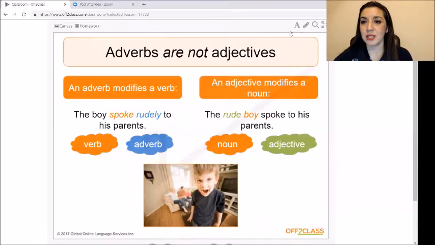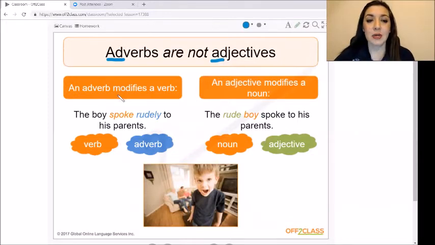Adverbs are not adjectives. So they begin with the same AD, but they are not the same. An adverb modifies a verb. Okay, so the verb here is spoke. The boy spoke. How? Rudely. This is how he spoke. So we're adding to the verb. We're saying how it was done.